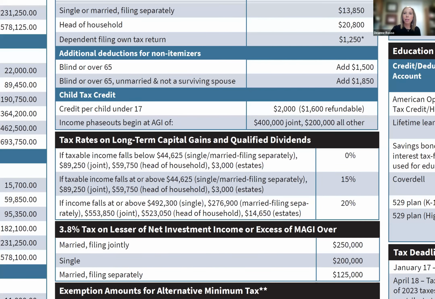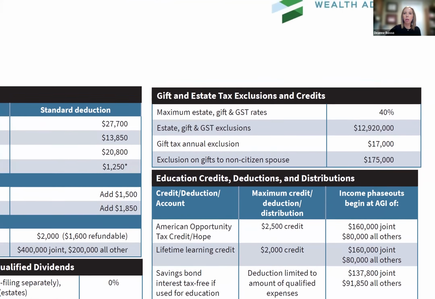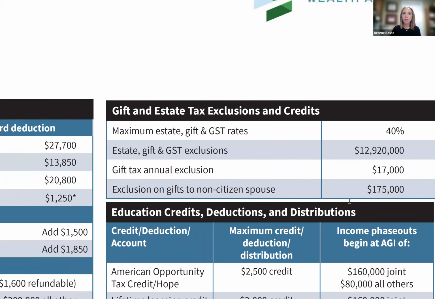All right, moving on to the right-hand side of this card, a question that I get a lot is, how much can I give away in a year without having to file a gift tax return? And the answer lies here in this box: gift and estate tax exclusions and credits. Every year, any individual person can give to any other individual person $17,000 without triggering the need to file a gift tax return.